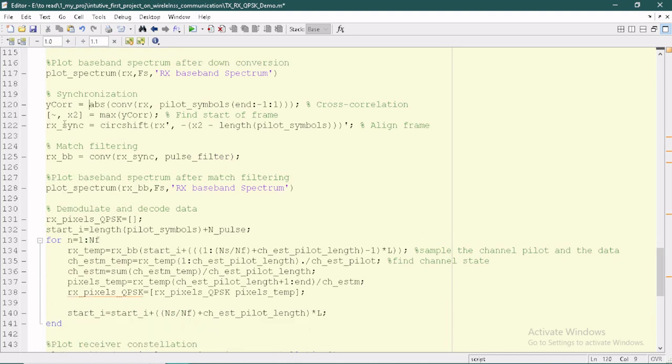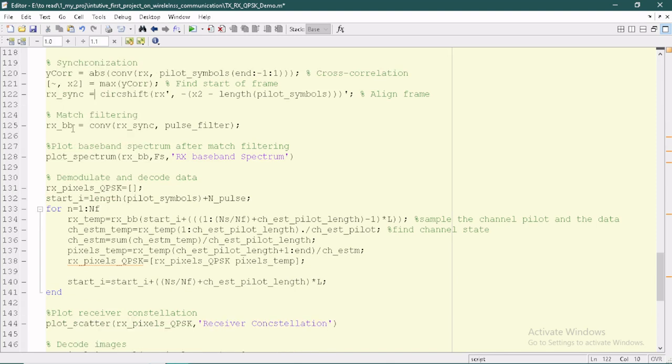This part here does the synchronization. It finds the maximum and shifts the received data according to where the maximum position is, so we can know where the signal starts. Here we do the match filtering, also convolving the received signal with the pulse-shaped function.